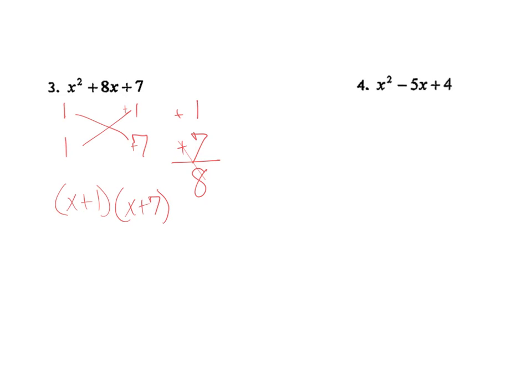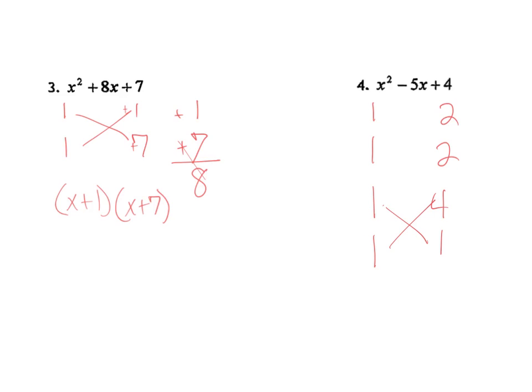Watch out for the signs on number 4. 1 and 1. What makes 4? Oh, I got 2 times 2 and I got 4 and 1. Think about it. Will 2 times 2 ever make 5 when I add them up? No. So actually that's not going to be it. So it'll be 1 and 1 and 4 times 1.